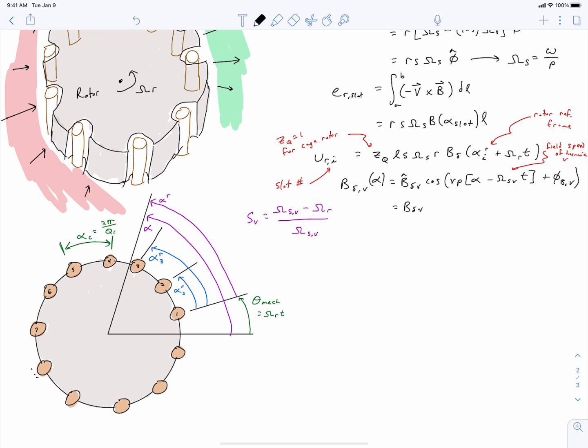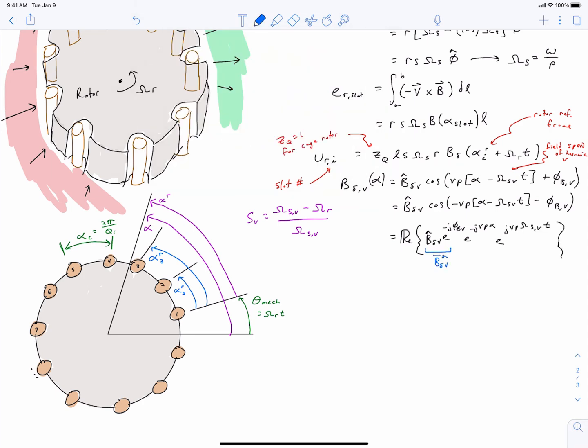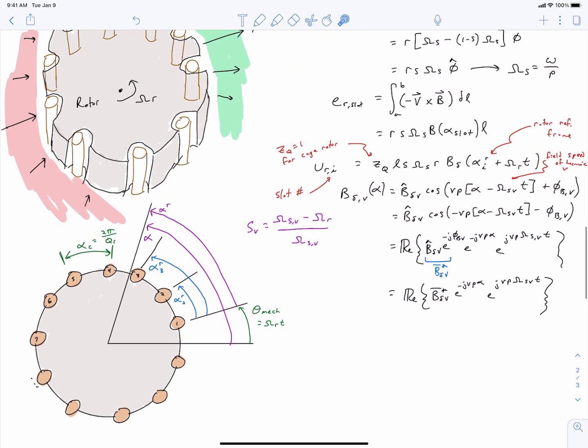And if we work the math on this, just like we did in our Star of Slots video, we can get it into its phasor form. And so once we've got our expression in the phasor form, we can then move forward and write out an expression for our voltage.